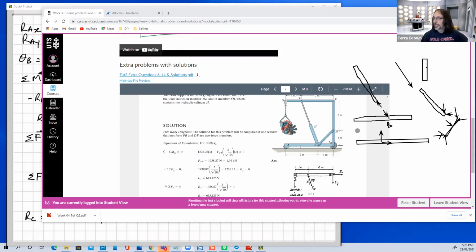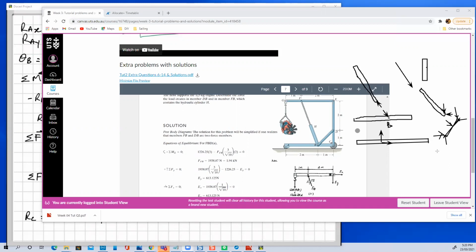If you had this problem here, and BD really was pin connected at both ends, then you've got 1, 2, 3, 4 unknowns, and only 3 equations of equilibrium to solve for it. Doesn't matter what computer you use, you're not going to be able to solve it. Yeah, I get you. You just don't have enough equations.